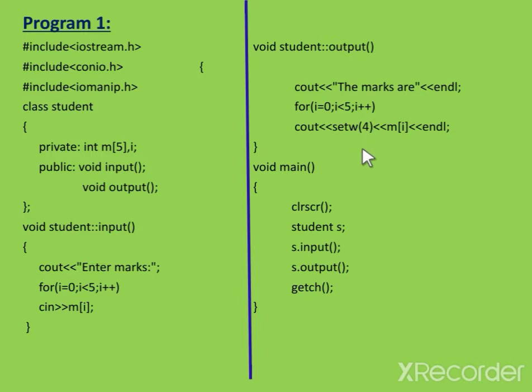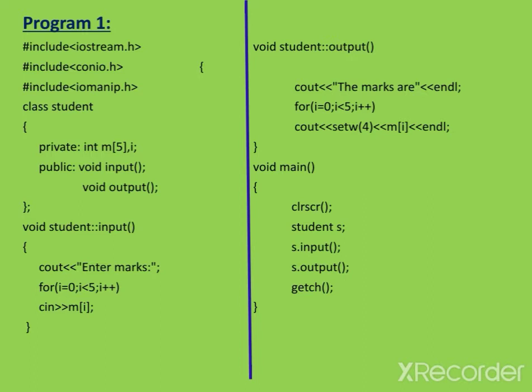So how much width is set here? Only 4. The array variable m of 5 is a private member of the class student. An int variable i indicates the number of elements in the array. Array element marks can be entered only through the member function input and can be printed on the screen only through the member function output.